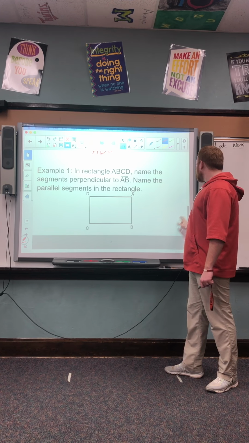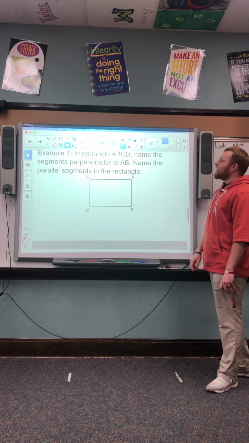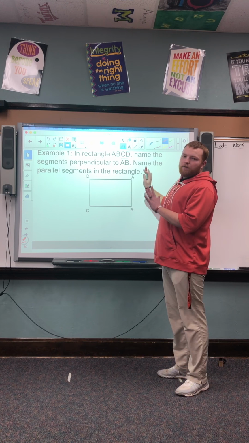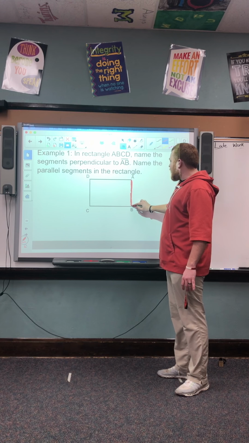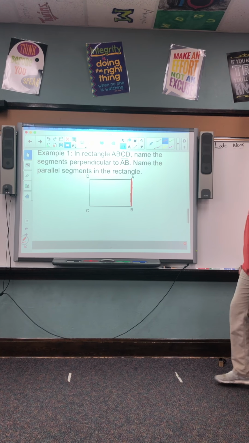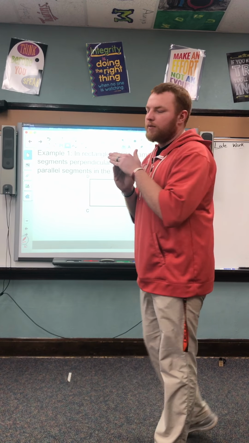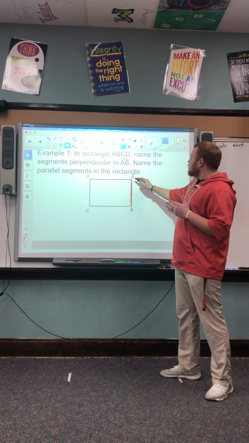All right. Example 1. In rectangle ABCD, name the segments perpendicular to AB. Okay, so that's the first part of the question. Here's AB, segment AB. Name the segments perpendicular. Now remember, perpendicular lines run into each other. Okay, so what two lines run into AB?